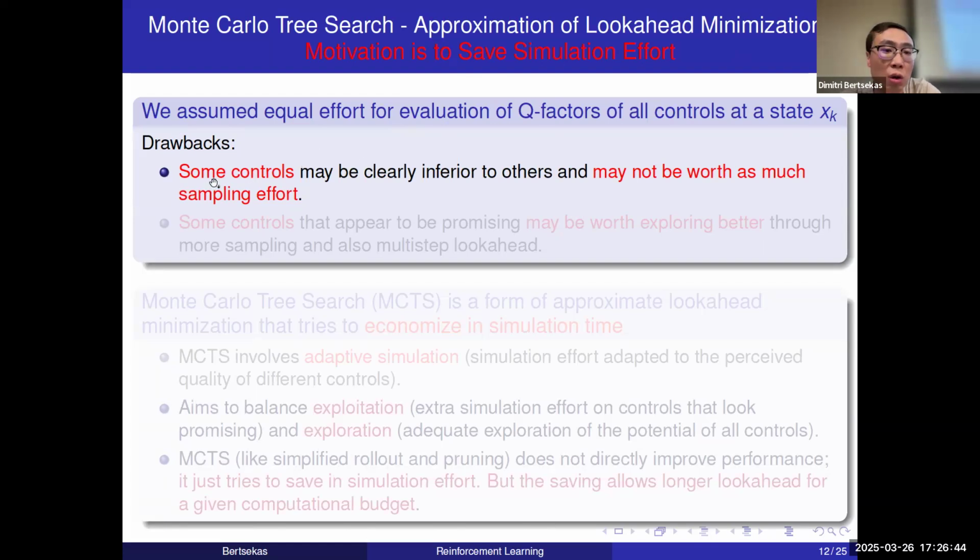And there are drawbacks. Some controls may be clearly inferior to others and may not be worth as much sampling effort. Suppose after one or two samples, it's so obvious that this is just a bad choice, and you should not do that. Let's give an example.